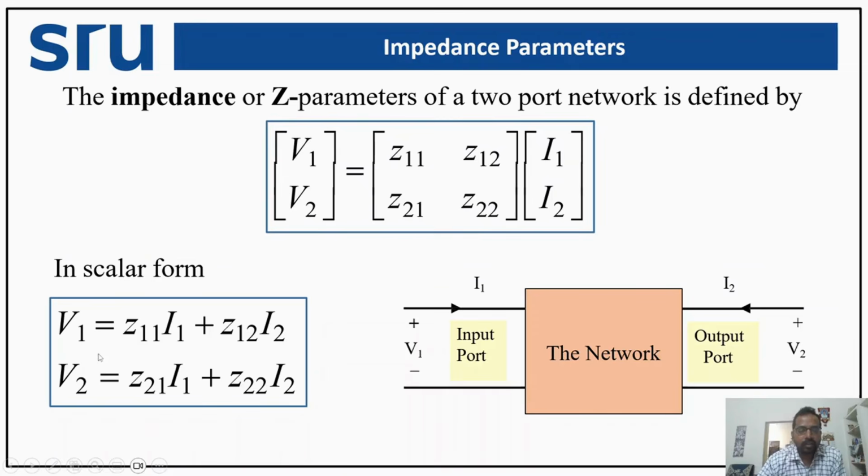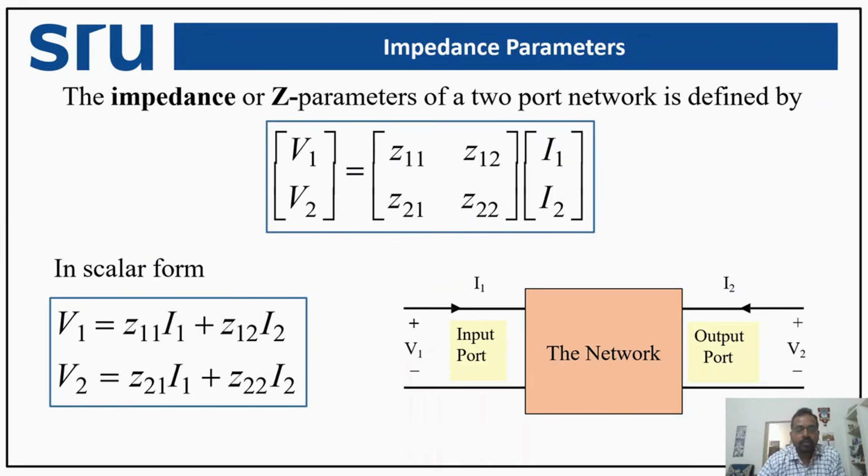This equation tells us that the voltage at a particular port depends not only on the current entering that port, but also on the current entering the other port. This is because electrical networks are interconnected systems and energy can be transmitted internally from one port to the other. Thus, the behavior of one port influences the behavior of the other port.